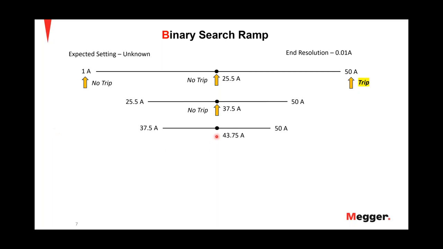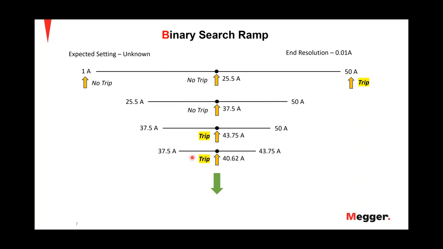The new midpoint now is 43.75, and it sees that there is a trip. So now again the range changes based on this result, because there is a change in the result. The new range is 37.5 and 43.75, and so on and so forth. It keeps hitting the midpoint of the new ranges every time based on the result. Now it sees a trip again, and so on.